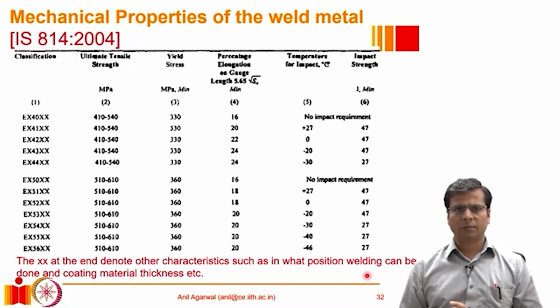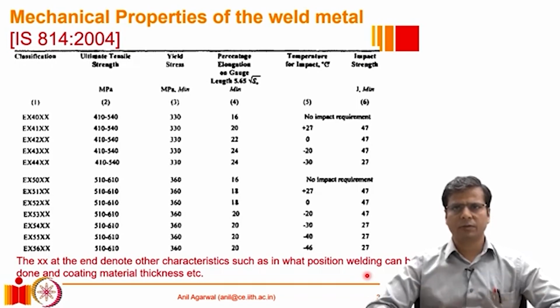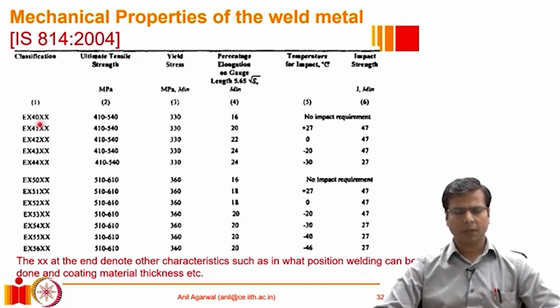To understand the design, we should also look at the material characteristics of the filler material that is typically used in welded connections. In the case of regular manual arc welding, we use the electrode, which is also the filler material, and the electrodes are classified with these symbols.